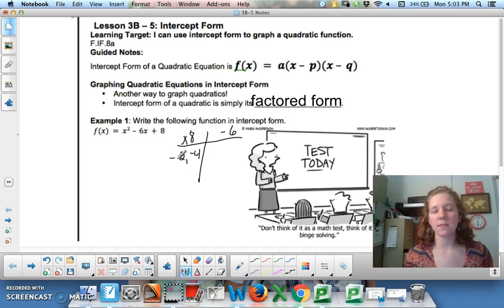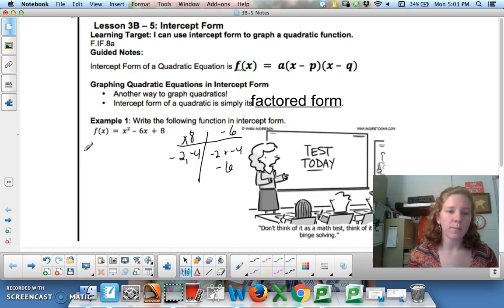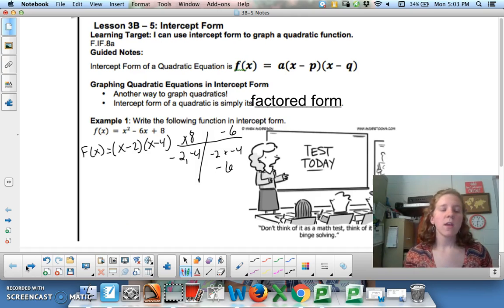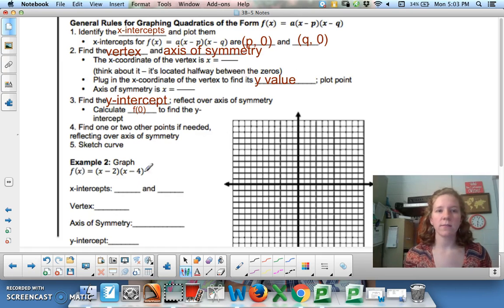The first thing that comes to mind is -2 times -4, which does add up to -6. So that means that my factored form of this equation is f of x equals x minus 2 times x minus 4. Okay, so let's go ahead and see how we can use that, which is now written in intercept form, to graph our equation.